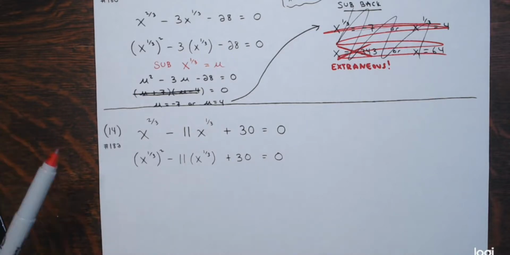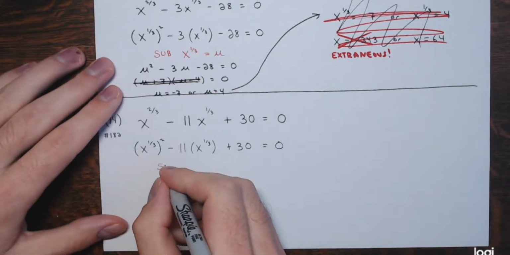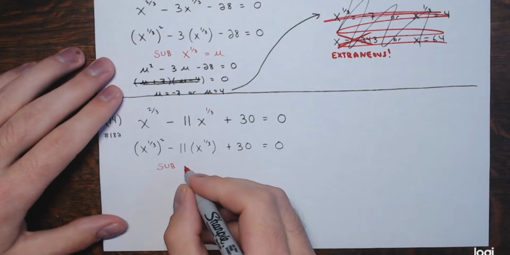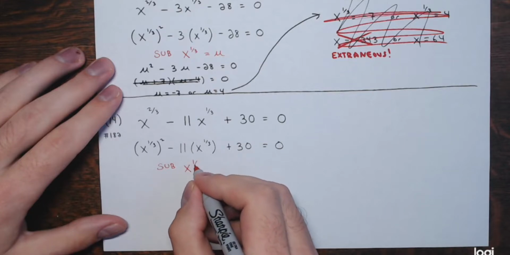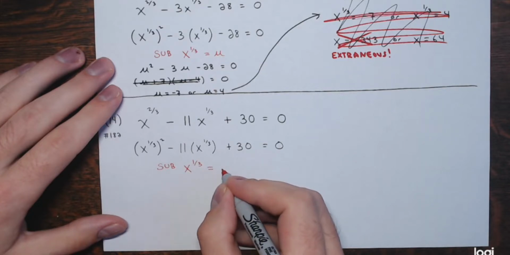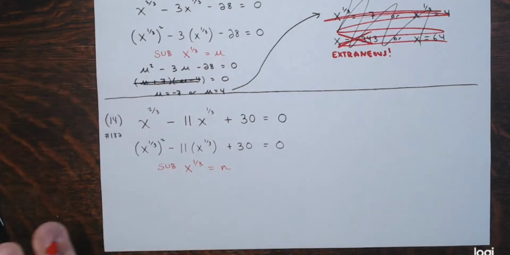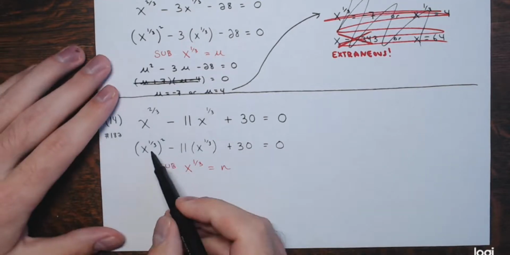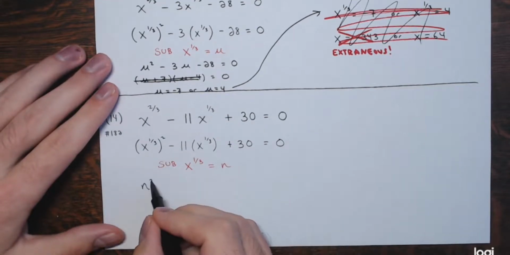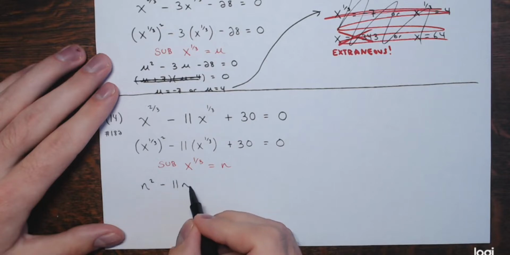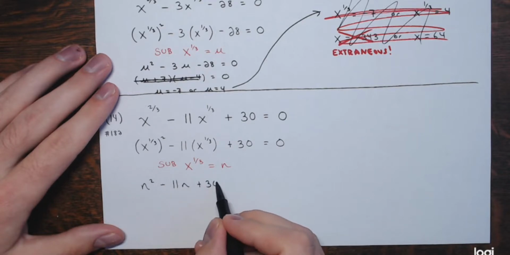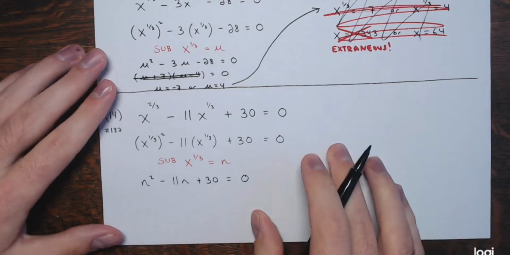Then we substitute to write it as a quadratic. I'm going to replace x to the 1/3 with n. So now this equation becomes n squared minus 11n plus 30 equals 0.